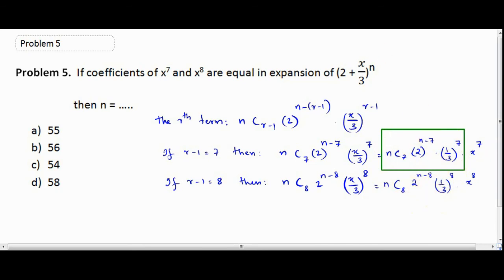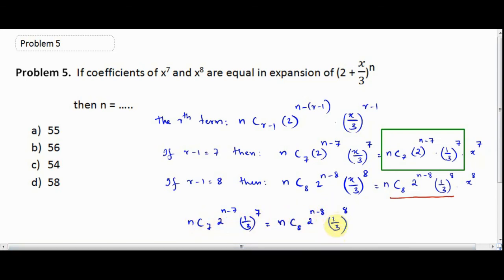It is said that the coefficients are equal in magnitude, so let's equate those two. nC7 into 2 raised to n minus 7 into (1/3) raised to 7 is equal to nC8 into 2 raised to n minus 8 into (1/3) raised to 8. So from this we may calculate the value of n.